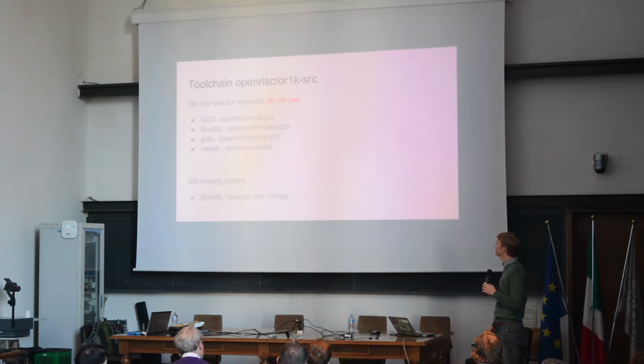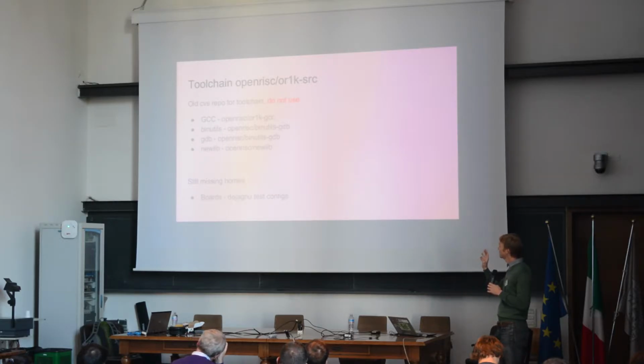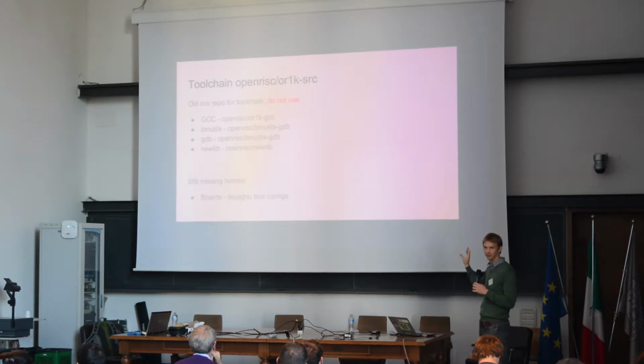But it turned out we're trying to get away from that. That's the old repo that everything was stored in there. The GCC, binutils, GDB, and newlib, and a few other things were all stored in the one repo. And basically, this is an old repo, and we shouldn't use it.